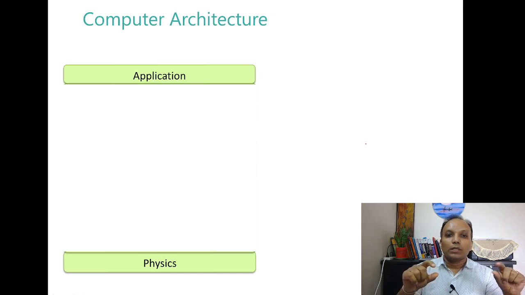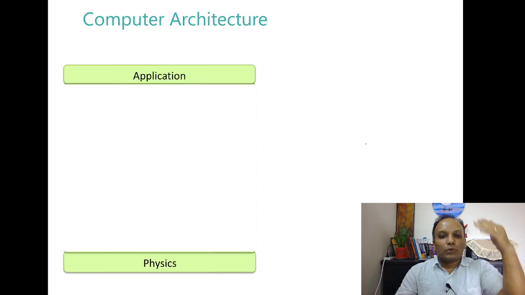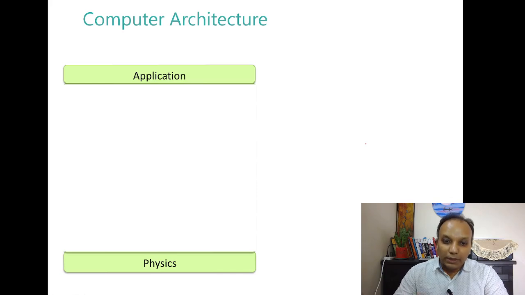You have to think about, oh, I have this algorithm, now I have to run that algorithm on some machine which is built using some switches, built with transistors and all these things. Now if you think about the whole physics, basically how this application will run at the physics level, then for a single person or even for a single institute, solving this problem will be very, very difficult.